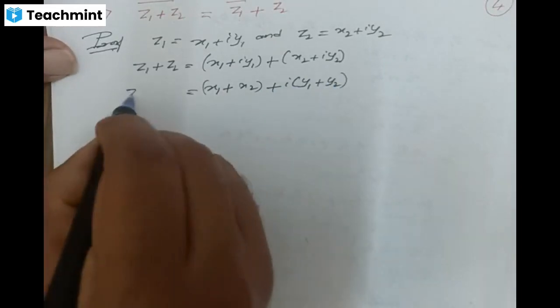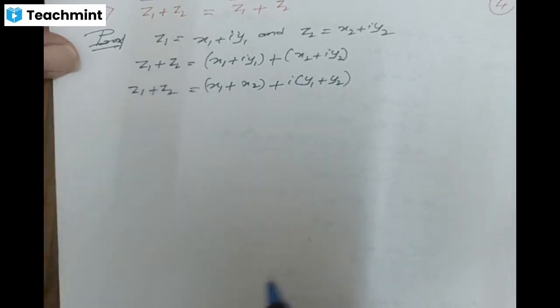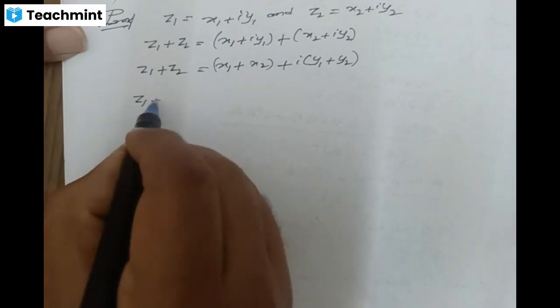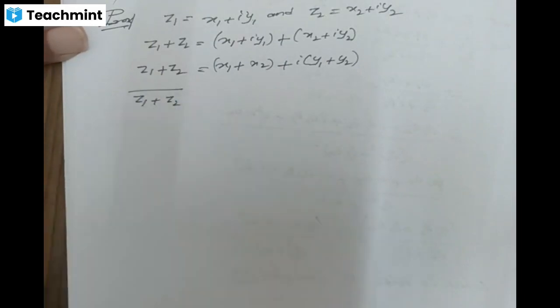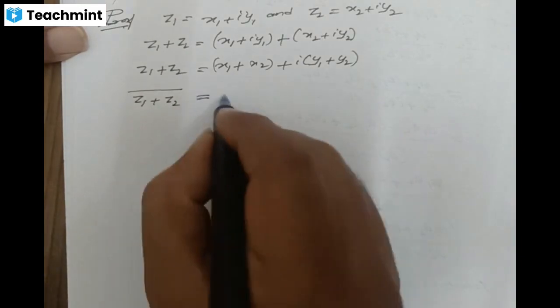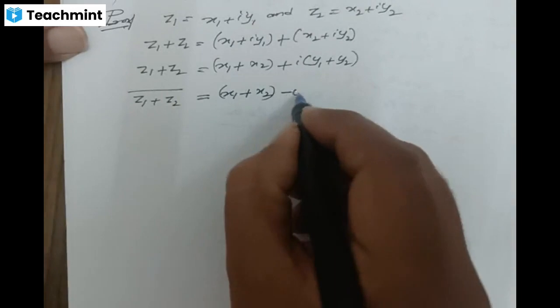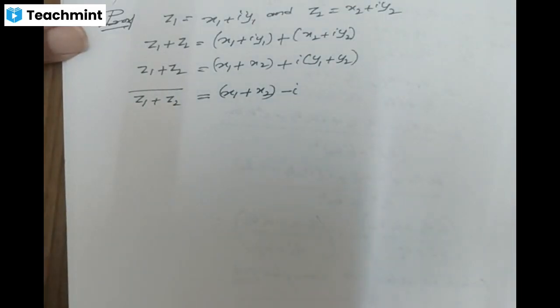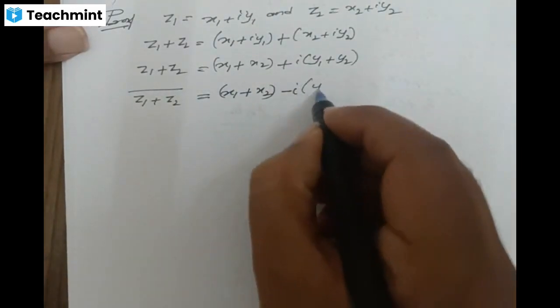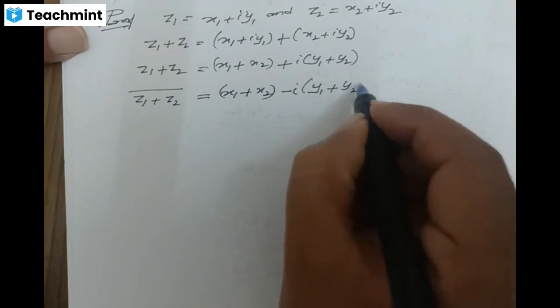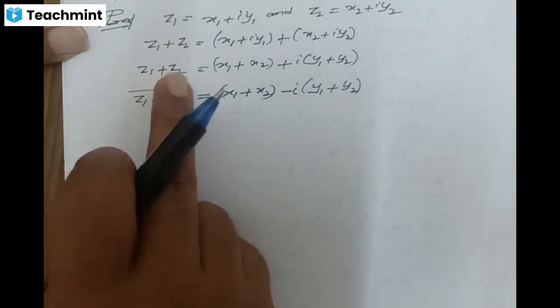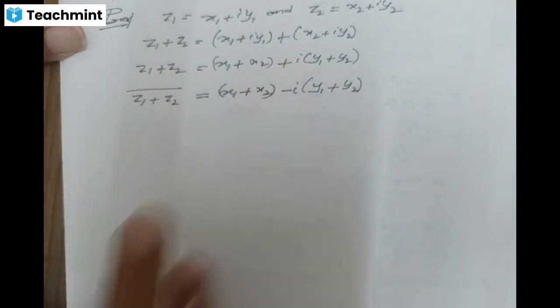What about z1 plus z2 whole bar? It is equal to x1 plus x2 minus i into y1 plus y2. The conjugate of z1 plus z2 is where plus iy becomes minus iy.